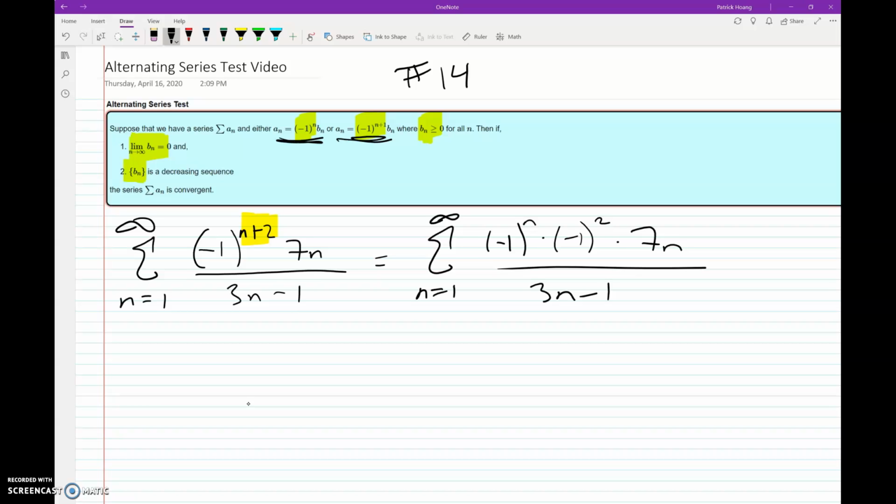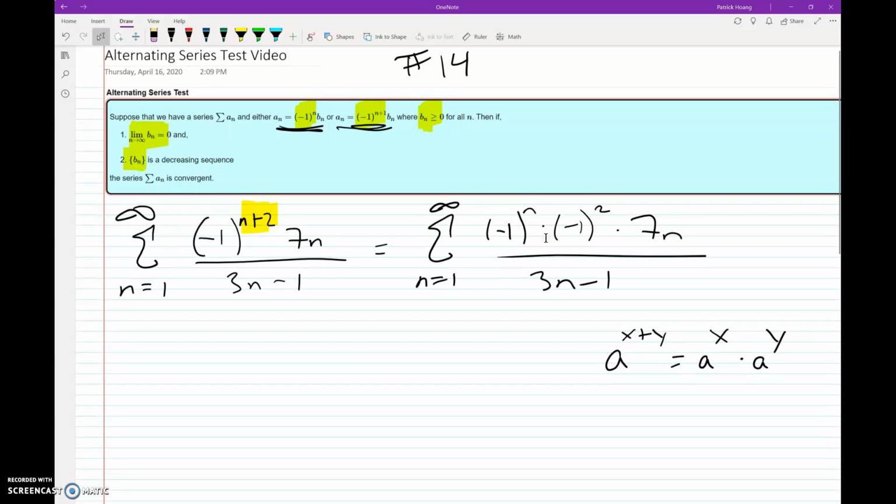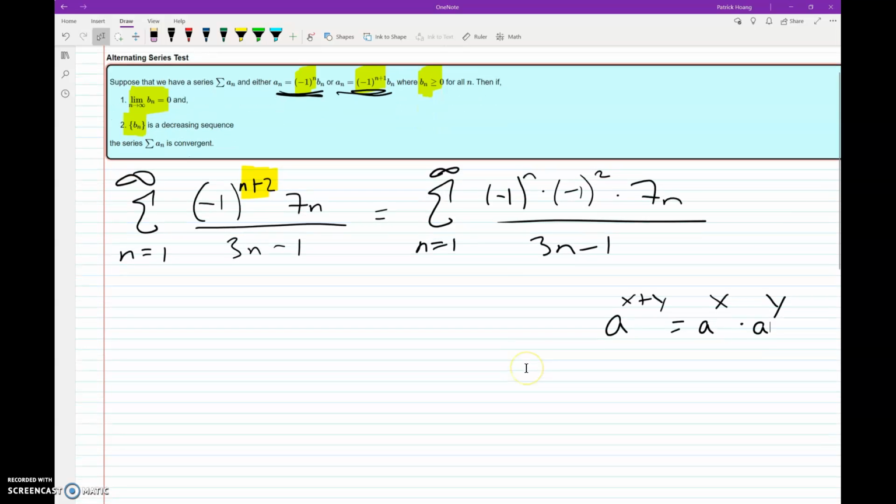Maybe you remember that a to the x plus y is equal to a to the x times a to the y. So the way we've split our sum, it's (-1)^n times (-1)^2. (-1)^2 is 1, since -1 times -1 is 1.